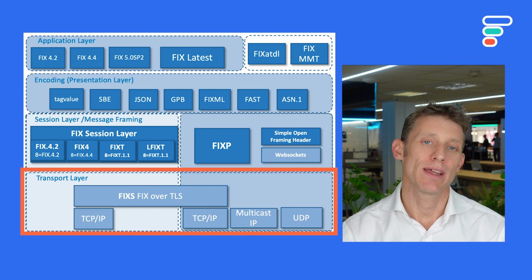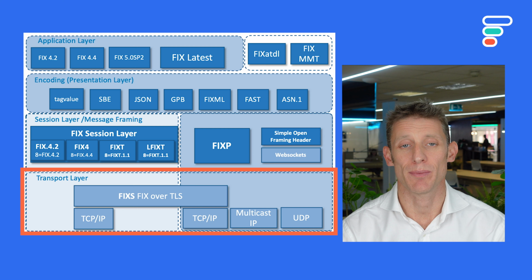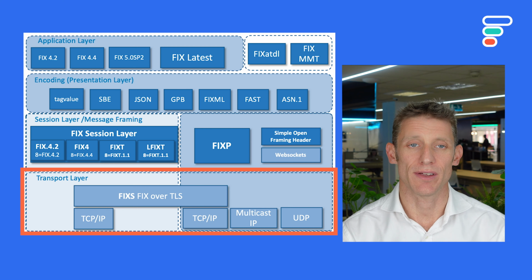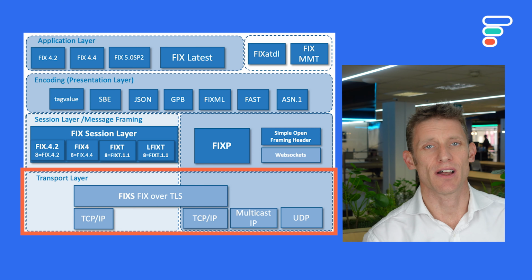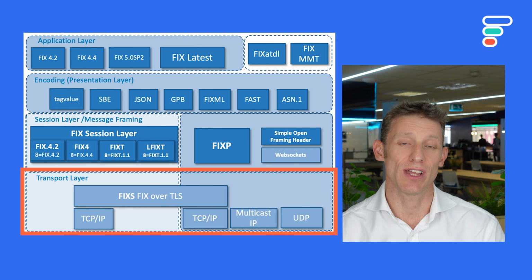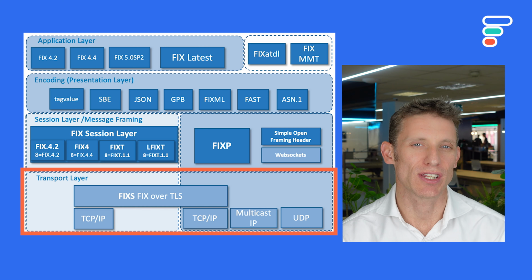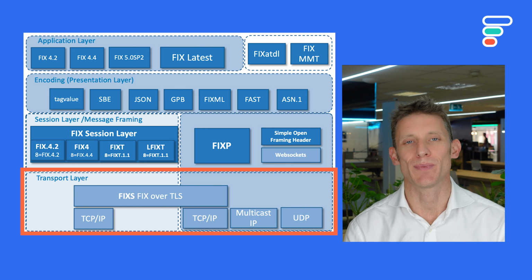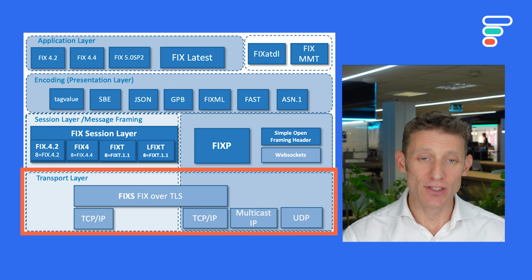You encrypt the data and you send that over to your counterparty on the other side. They then have the public key to actually decrypt it on the other side. This is actually a replacement for something that FIX started a long time ago, which was the internal encryption within the FIX messages, something that's not actually very widely used. This gives you a much better way of encrypting messages across a wire. So that's the physical transport.